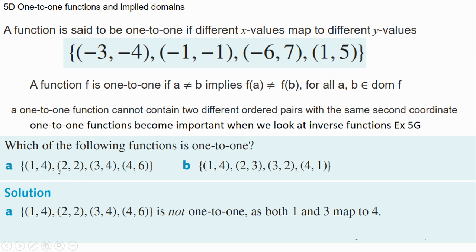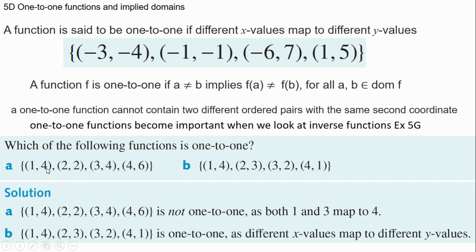So we've got a 4 there and a 4 there. So those two y values, a one-to-one function cannot contain two different ordered pairs with the same second coordinate. Here's a 1, got a 4 there, a 3 there, a 2 there, and a 1 there. They're all different. So that is a one-to-one function.